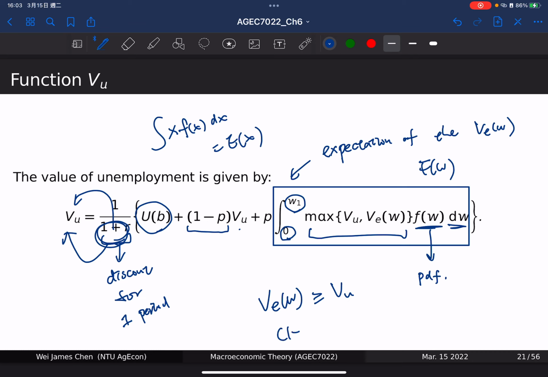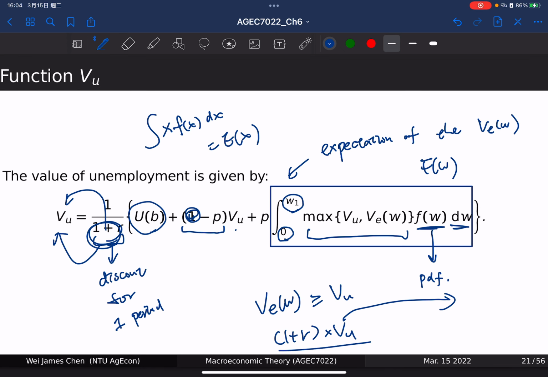So I have 1 plus r times VU on the left hand side, right? And I move 1 VU to the right hand side, so it becomes minus 1 VU. And that minus will cancel out this one. But I still have minus p times the VU.